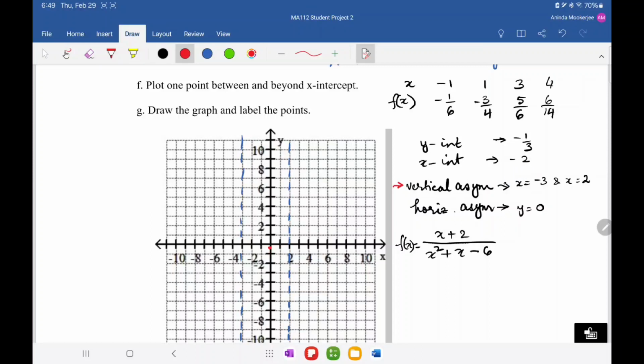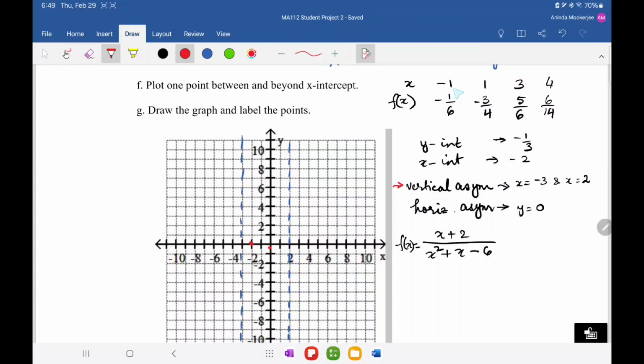So that means it's going to be here, the point where the graph is going to cross the x-axis. And then we will plot these points that I've chosen for x. We have to plug in the x values into this function, and that's how I came up with these corresponding y values. So let's plot those points here.